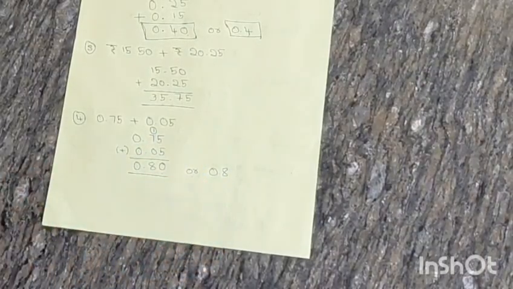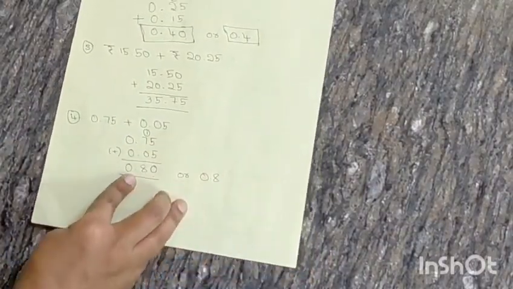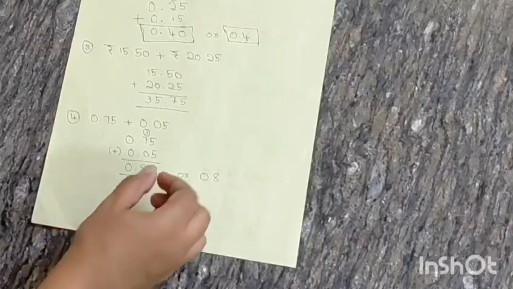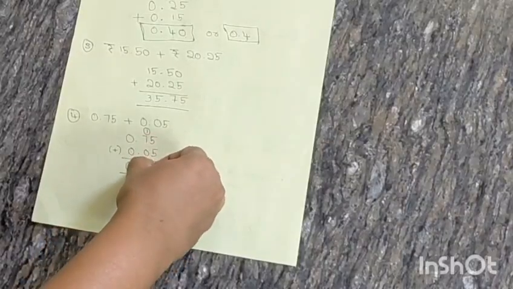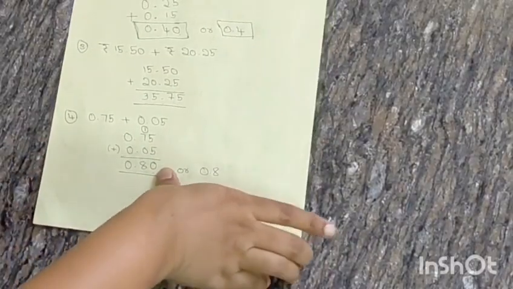Excellent work, students. So before today's topic, let us remember one golden rule. Whenever we add decimals, the decimal point must always come exactly below the decimal point. This rule is very important for today's class also.